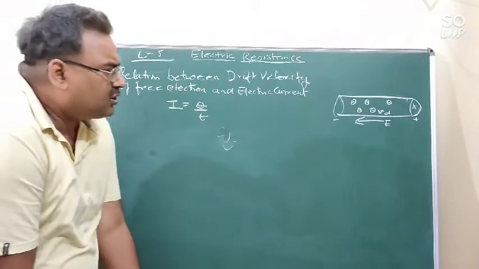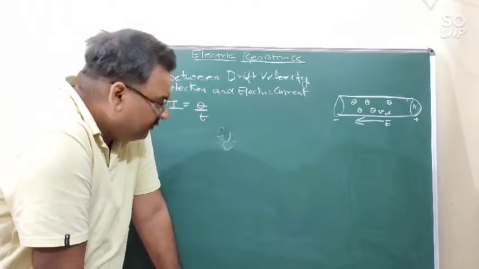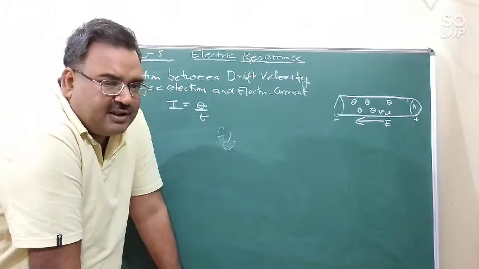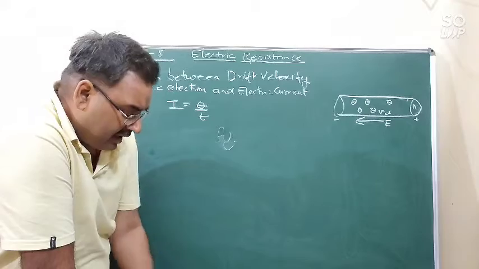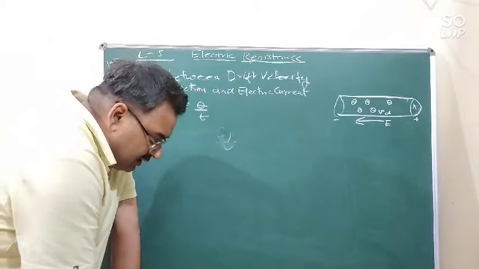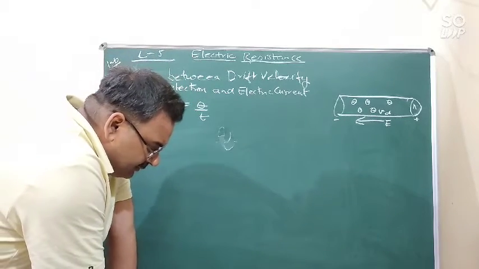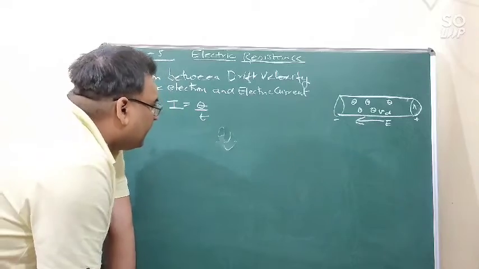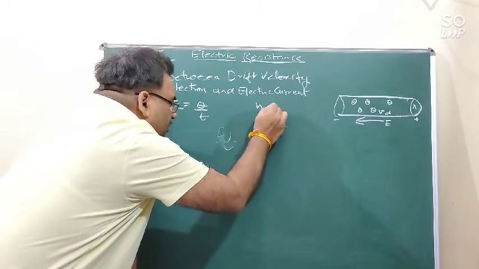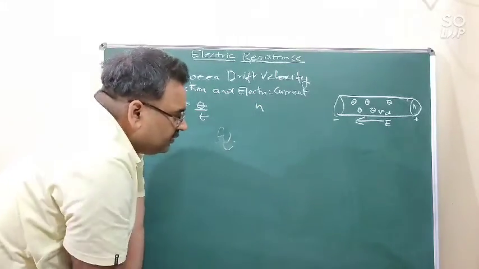The area of cross section of this wire is A. N is the number of free electrons per unit volume.